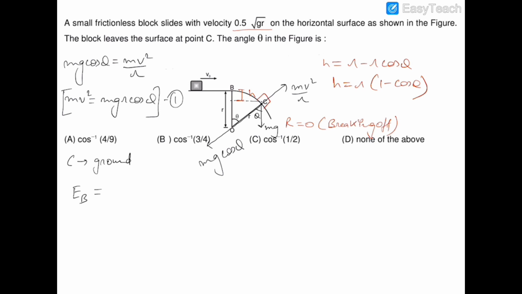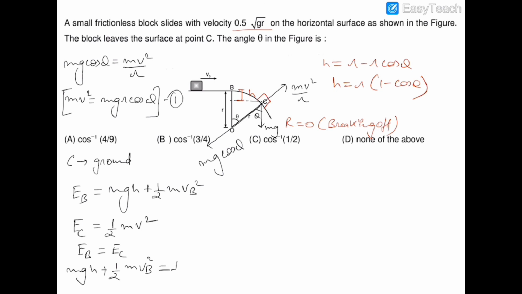So the energy at B is mgh as well as half mvb square, and the energy at C will only be half mv square, where v is the velocity of the block at point C. So this EB will be equal to EC, and therefore mgh plus half mvb square will be equal to half mv square.